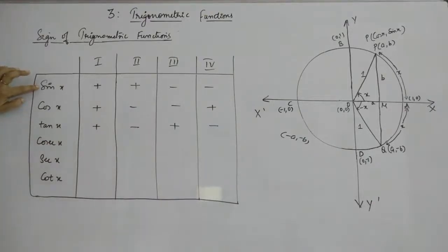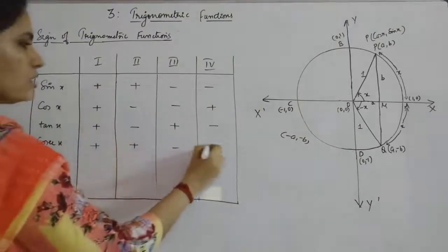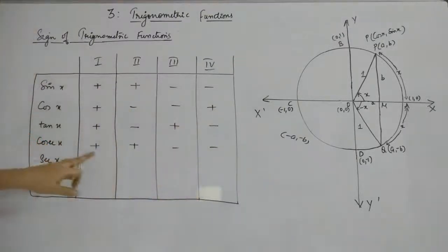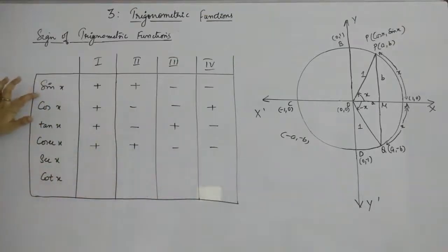Now for cosec you have the reciprocal of sine. Okay, the reciprocal of sine means the sign will not change. So the signs of cosec will be the same as for your sine function.